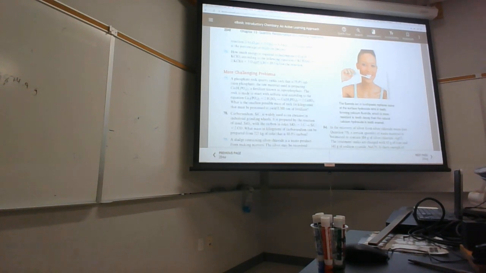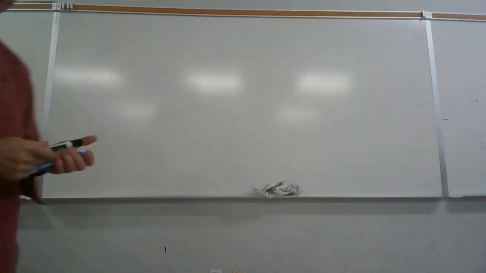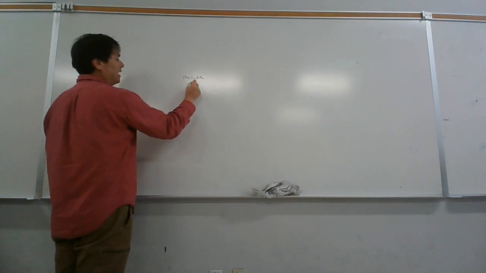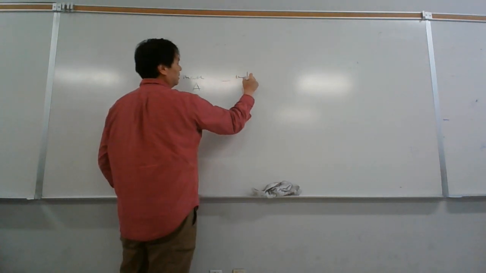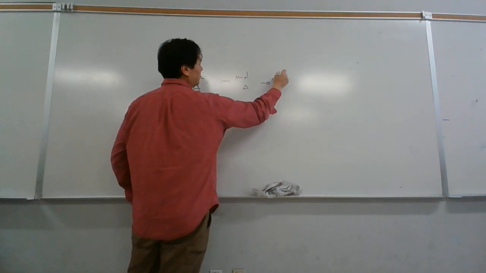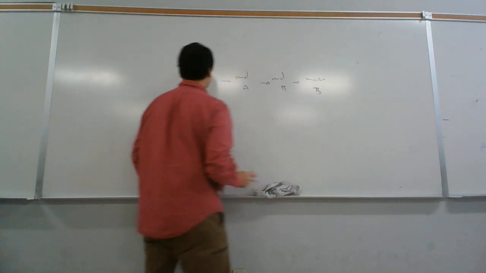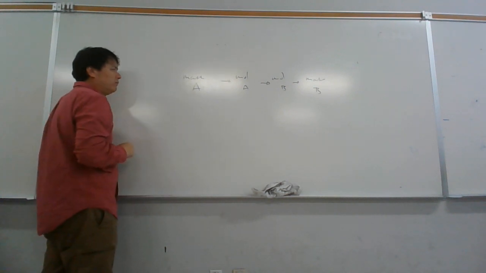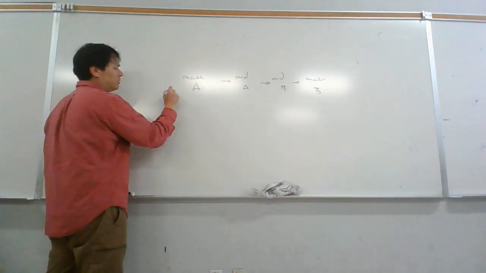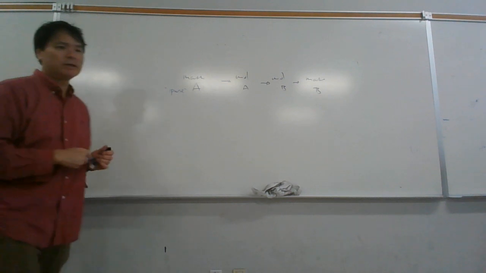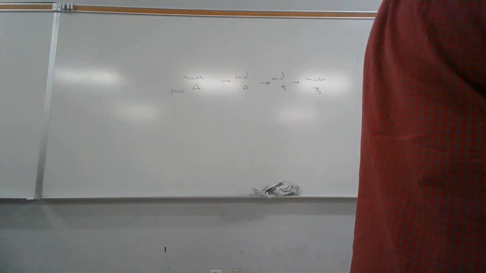All right, the next thing we're going to do is add one more branch to the stoichiometry math. So the heart of the stoichiometry math is, let's say, mass of A to moles of A conversion, and then moles of A to moles of B, moles of B to mass of B. When we look at the mass of A, this has to be the mass of pure A. What we can have here is an extra branch in our stoichiometry math.